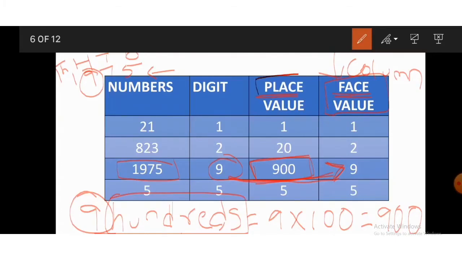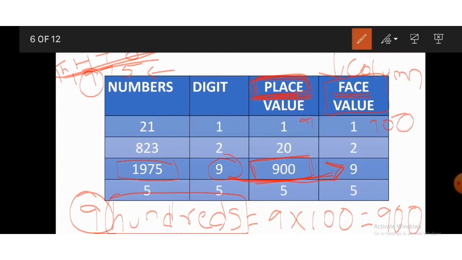Always remember, place value is always different and changes depending on the place. When the term place comes here, you have to first write the places on top of the number and then write its value. Or else you will write 9 for place value and 900 for face value, which will be wrong.